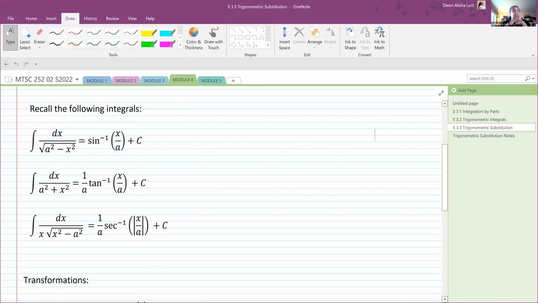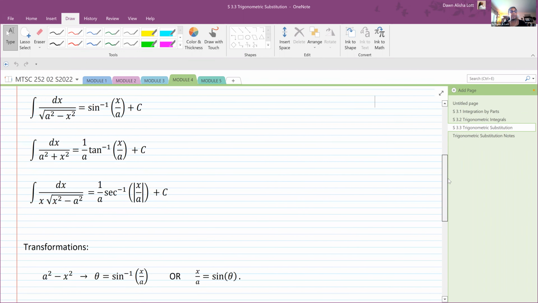And then the last one, which was dx over x times the square root of x squared minus a squared, is equal to 1 over a secant inverse of the absolute value of x over a plus c. Okay, so what I want you to be able to associate are the following transformations. So all that is review.